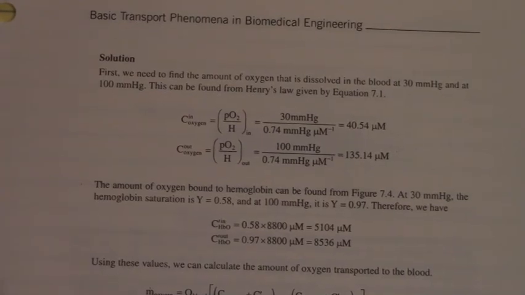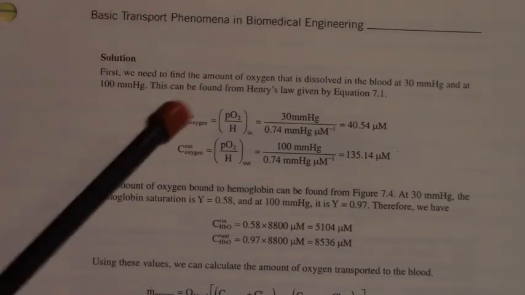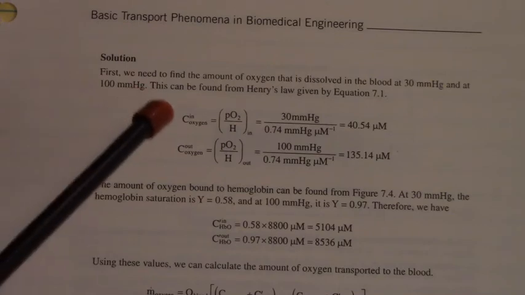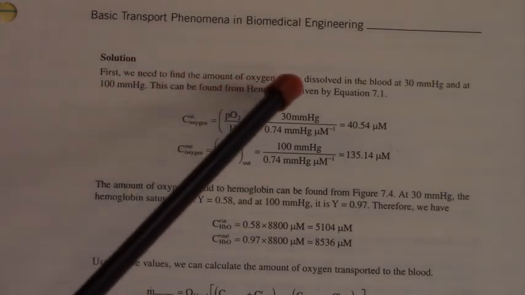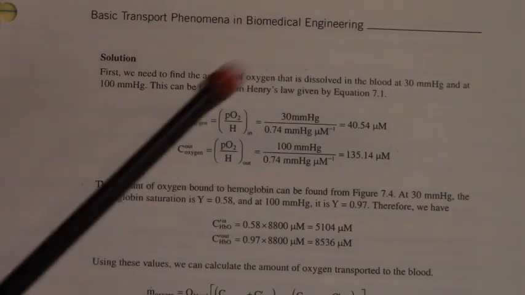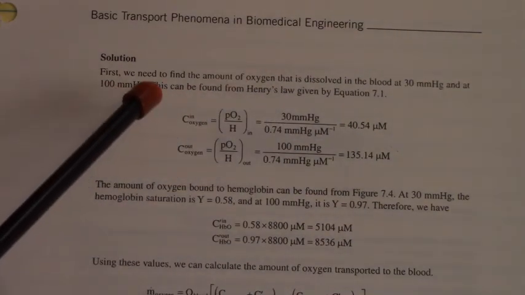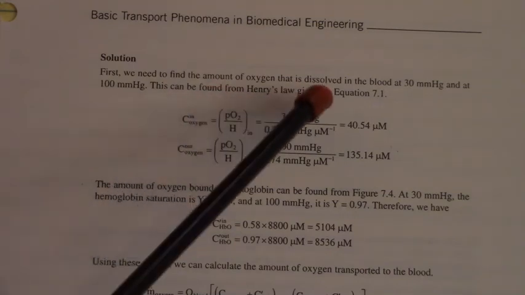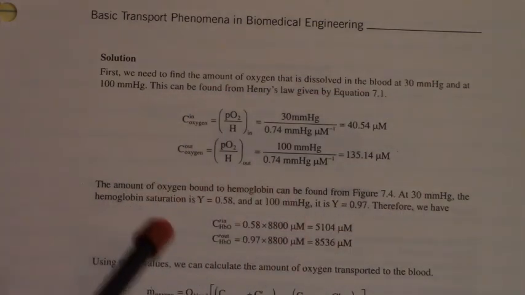So at the top of the next page, we show the solution to this problem. First, we need to find the amount of oxygen that's dissolved in the blood at 30 millimeters of mercury, and then at 100 millimeters of mercury. This can be found from Henry's law given by equation 7.1.